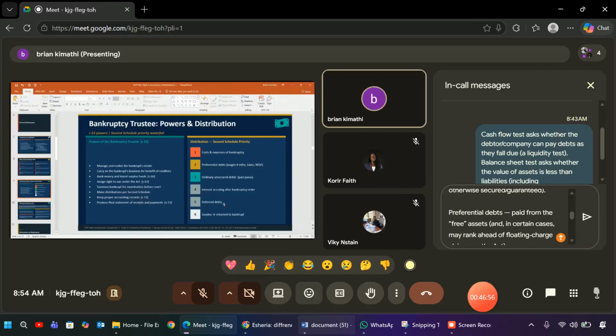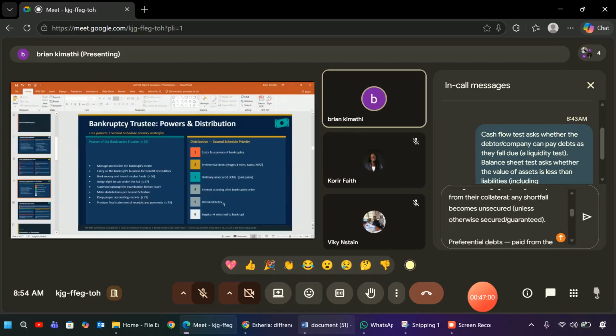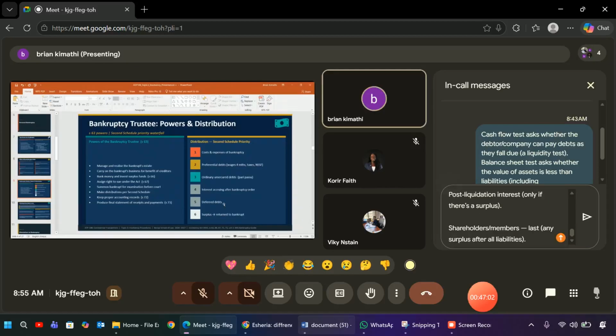So for example, salaries and wages are backed by a contract with the employees. Taxes are backed by the fact that you are a registered organization with the government, so you have to pay taxes. NSSF, still the same way, you owe the government. If it is NHIF, SHA, you still owe the government.